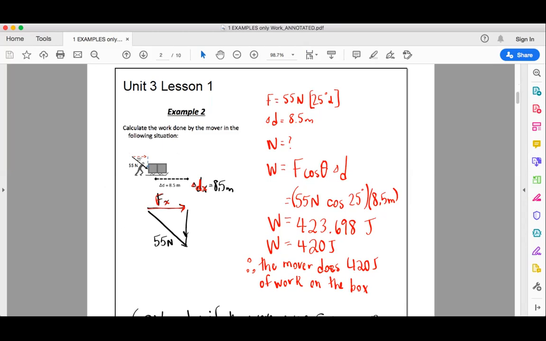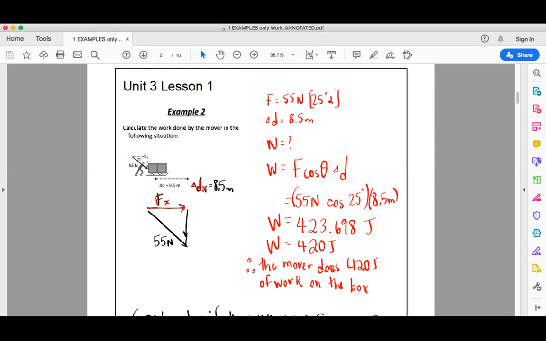They are not exactly parallel, so we have to use the more full equation. You can always use the more full equation when in doubt. Cos theta might simplify something to give you a simpler version, but it's always a safe bet to start with the full one. The angle theta is the angle between F and D.